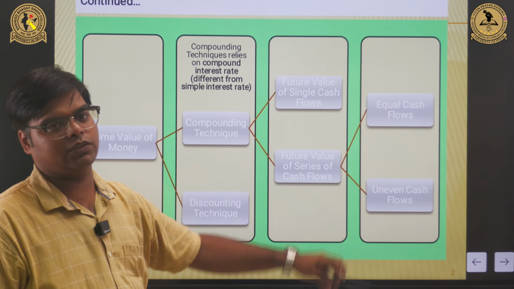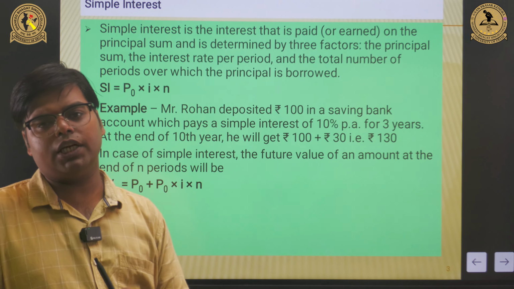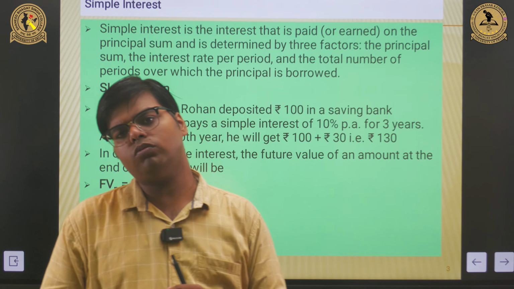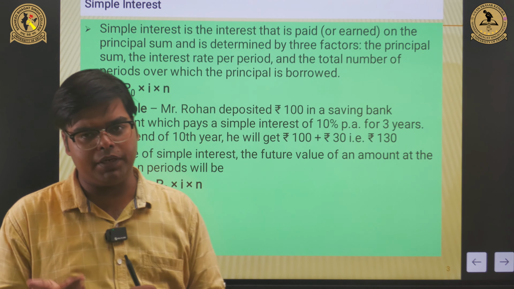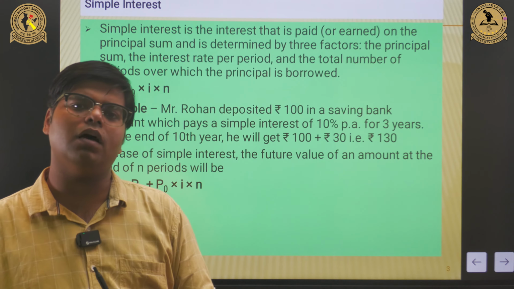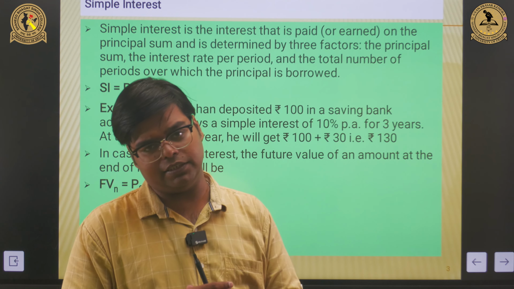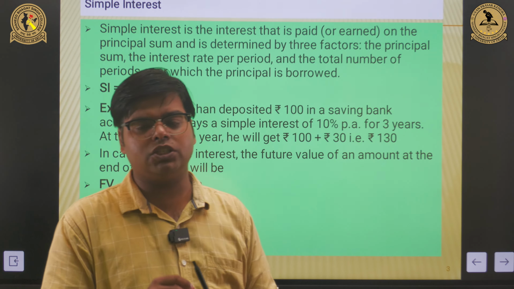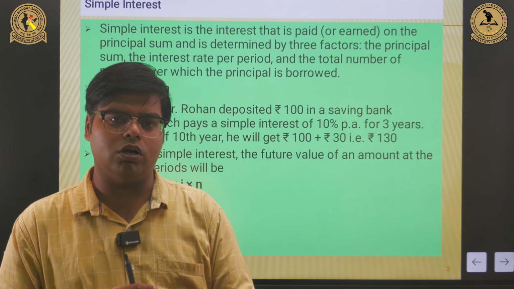So simple interest rate is basically dependent upon three components: principal amount, interest rate per period, and the time period for which the principal amount is borrowed or lent. The simple interest is calculated based upon the principal component only.